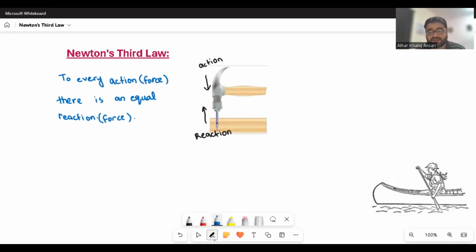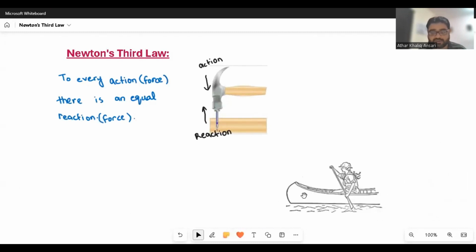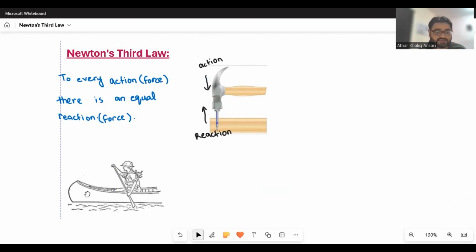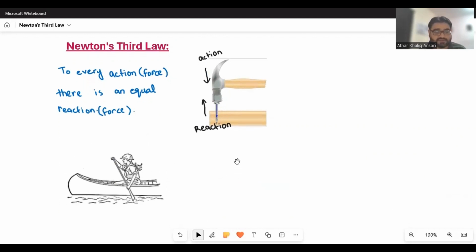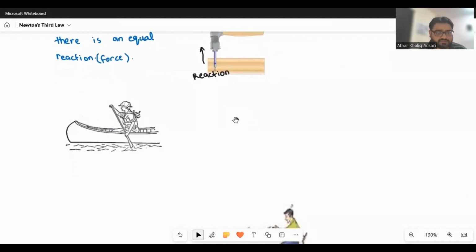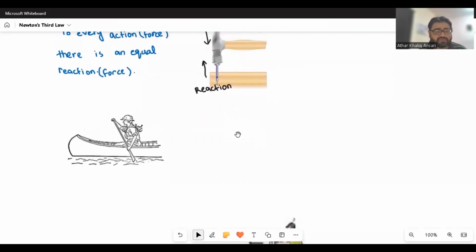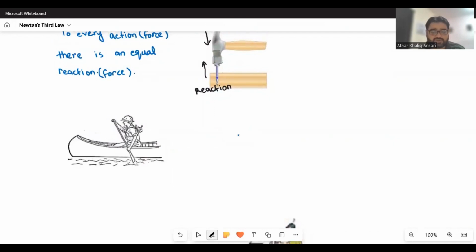Secondly, if you have another example like I have here, this is a boy, someone who is moving the boat. When someone is moving the boat, how is the boat being moved?